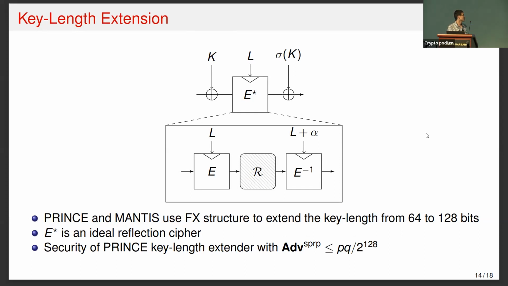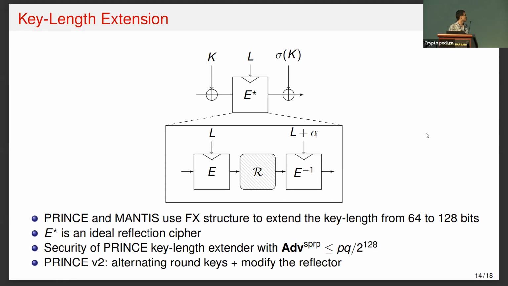We can see that's a typical birthday type of term, which can sometimes be insufficient for some applications. Therefore, the authors also use version 2 of the Prince block cipher, which uses alternating round keys, and where the middle reflector is also modified a little bit.